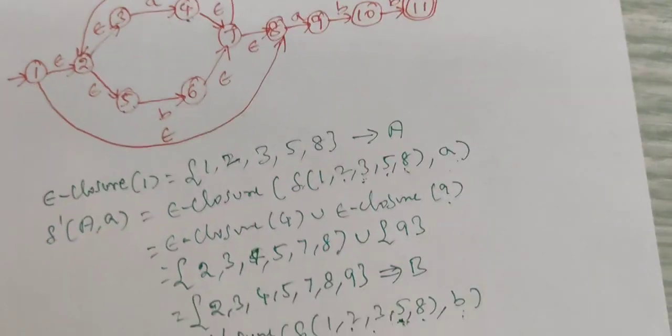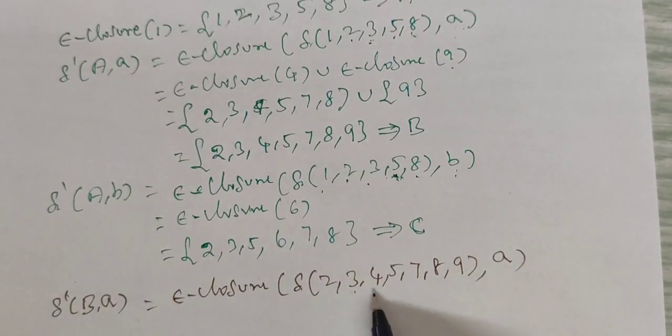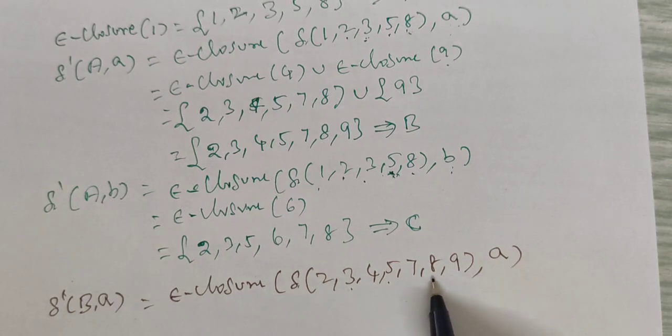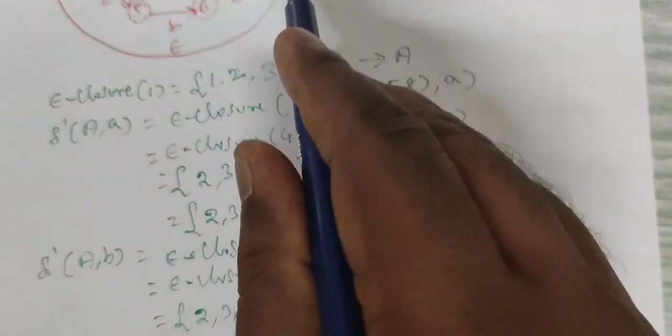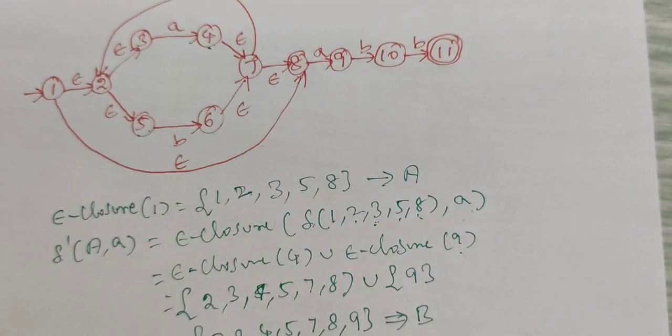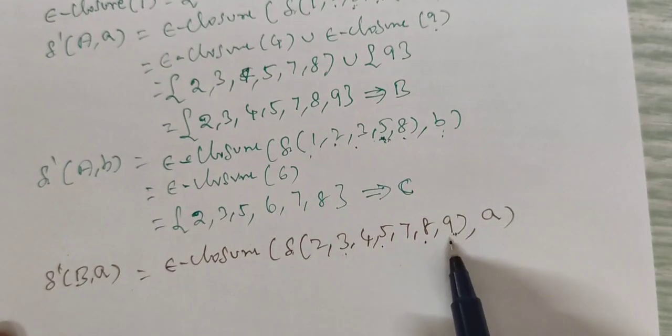Okay. Now again, A cannot be applied on 5, it cannot be applied on 7, it can be applied on 8. When it is applied on 8, it goes to 9 here. Okay. So 9, no possibility. So 9 you cannot apply.